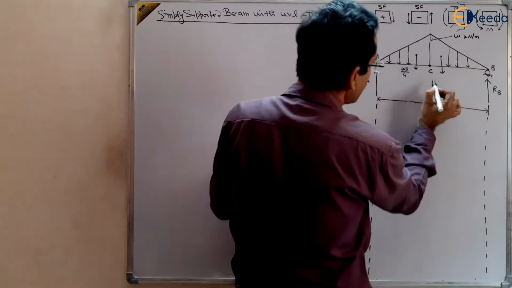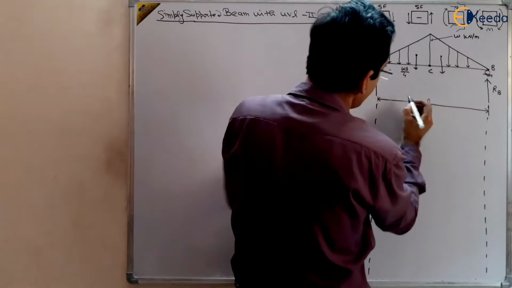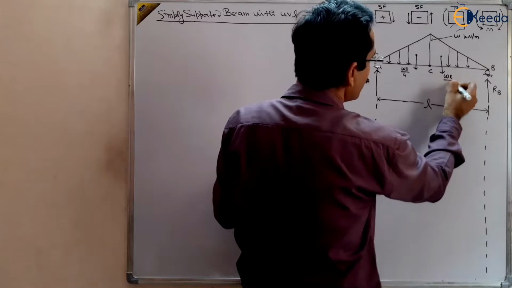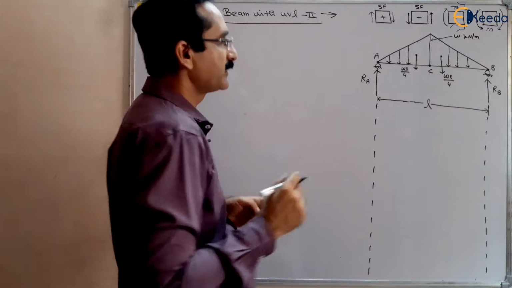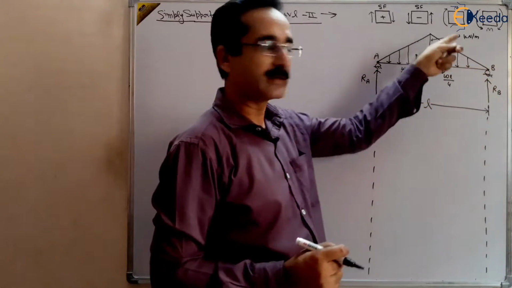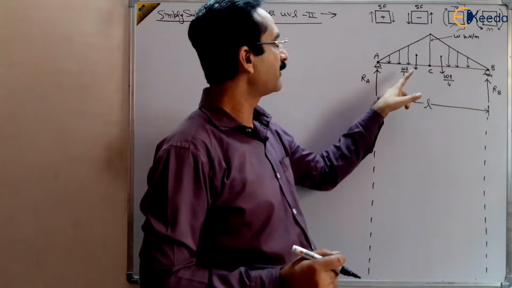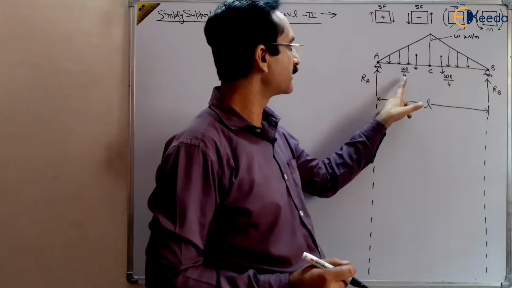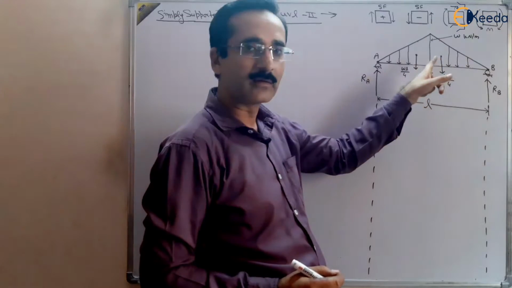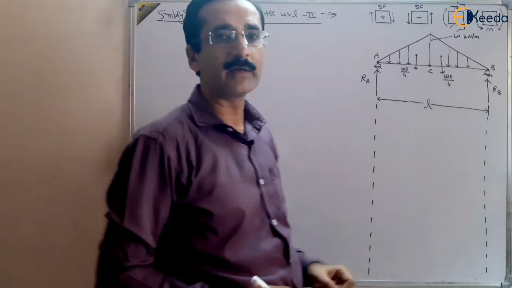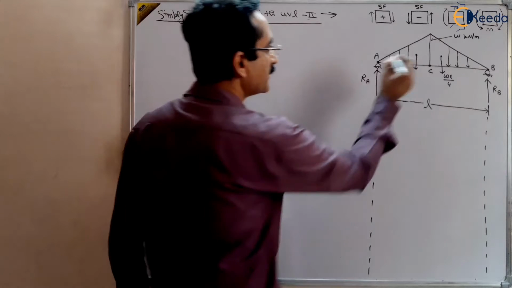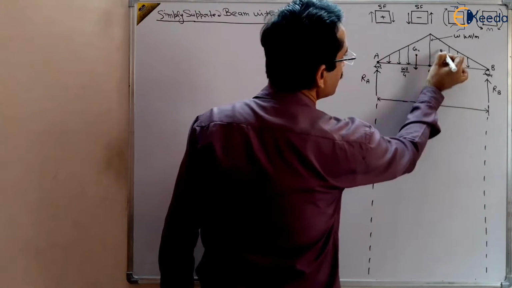This is WL by 4, and here again WL by 4. So there are two symmetrical triangles, and each has a load of WL by 4 concentrated at its center of gravity. Suppose these are G1 and G2.